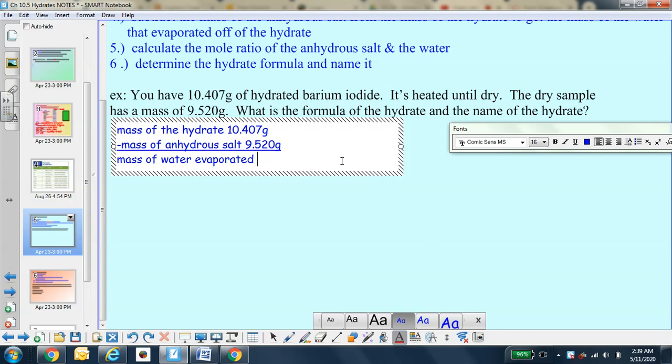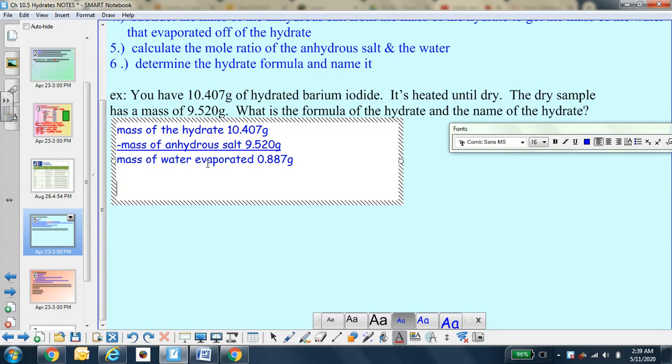And that comes out to be 0.887 grams. So we are interested only now in this anhydrous salt and our water that was evaporated away.